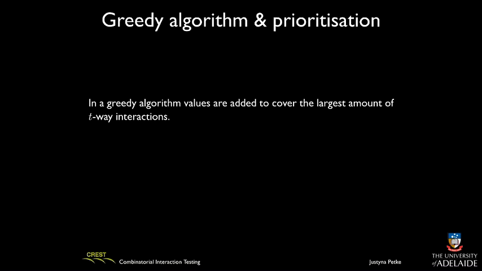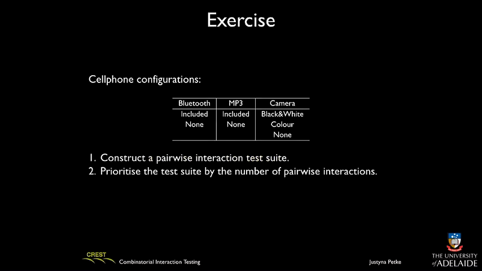So that's a test suite. And it prioritizes this, and this is a nice feature of this IPOG. In parameter order general, ignore that word for now, but in parameter order, it builds it up. There's an exercise here that I'll just skip for now.